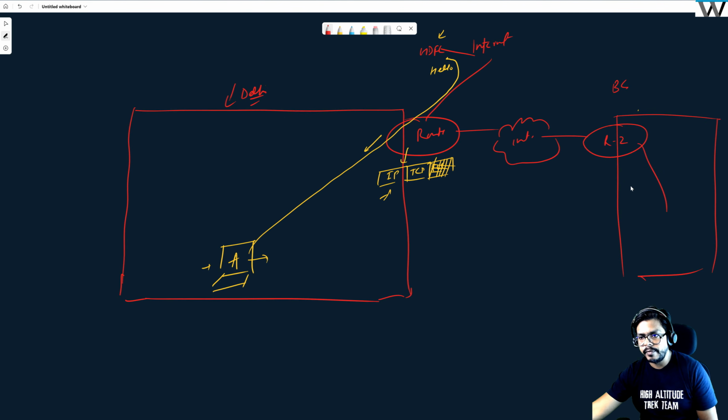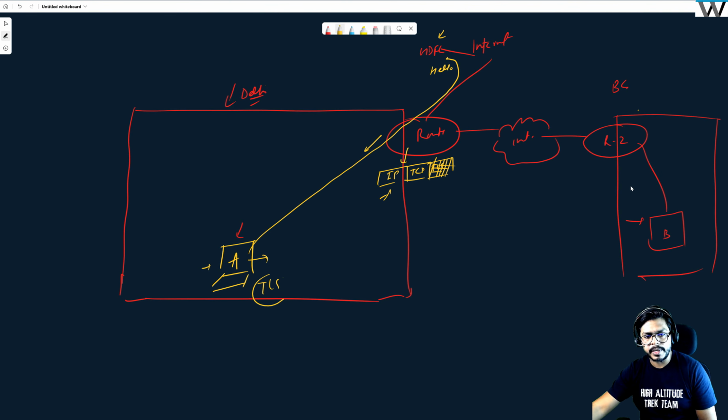If you are having a server here, which is B, and nobody is doing IPsec, if Anjali wants to communicate with this server B, she can do TLS.